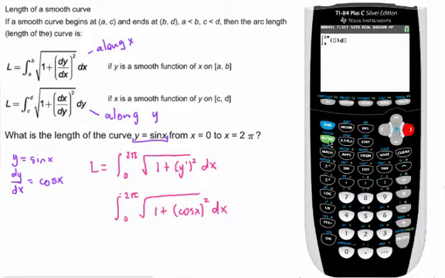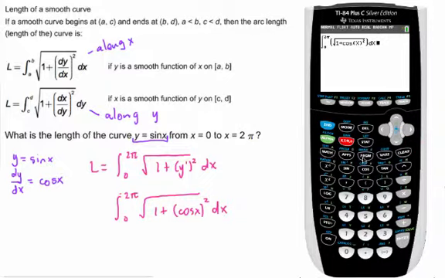Then we're just going to put in that big radical, so 1 plus the cosine squared. And then lastly, fill in your variable.